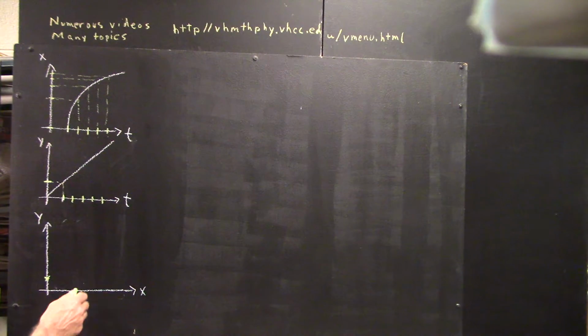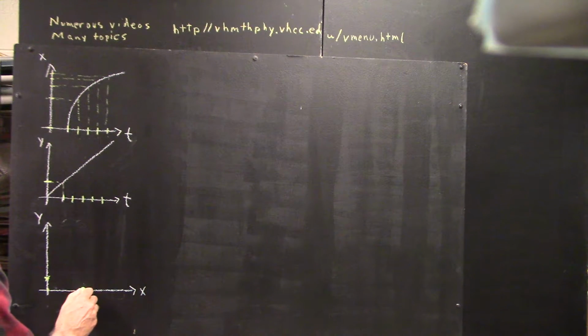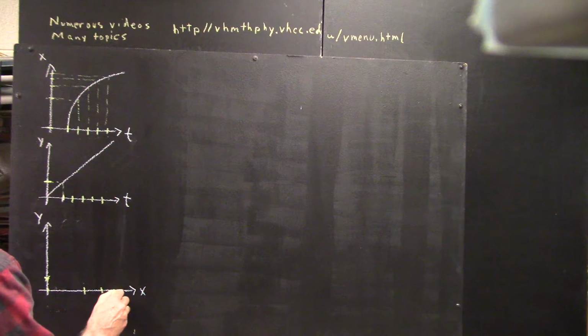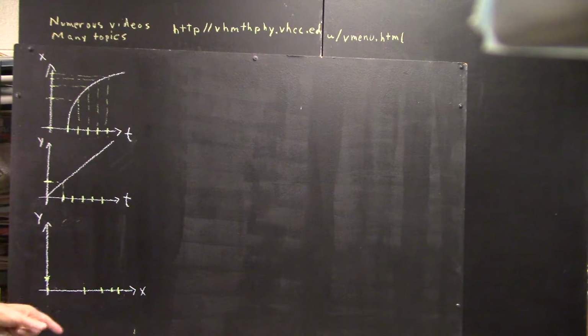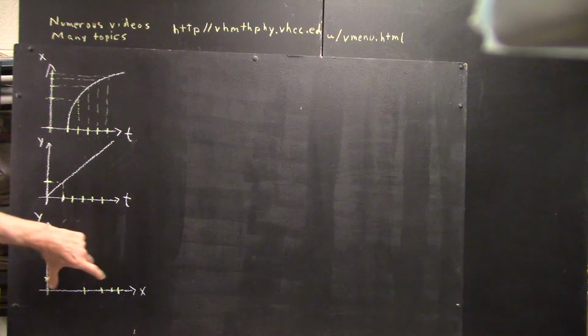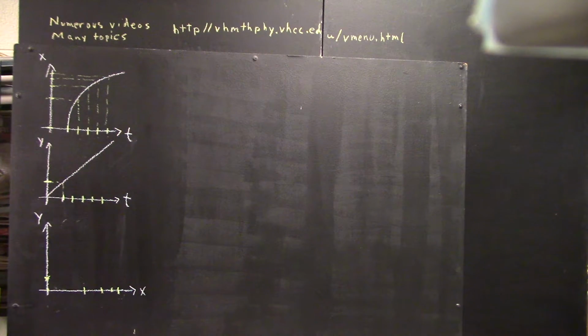I mark those same positions, or positions that are supposed to represent these same positions. In other words, it's going to bring the x-axis down here, and I have marks here corresponding to the marks that I have up here. And I know that these marks correspond to increasing values of x.